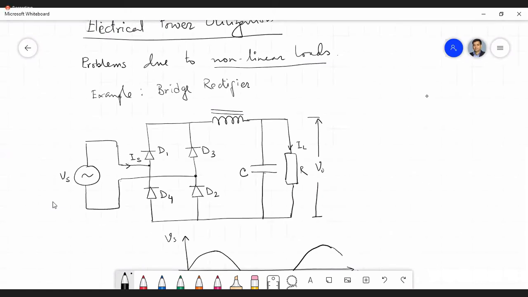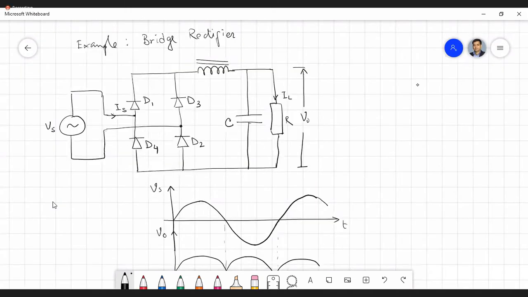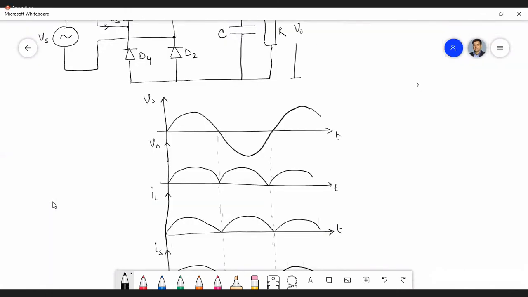Okay, and if we use a sufficiently large capacitor and sufficiently large inductor, then we can say that both the voltage and current will be ripple free, isn't it? Like this. So it's a ripple free current waveform.